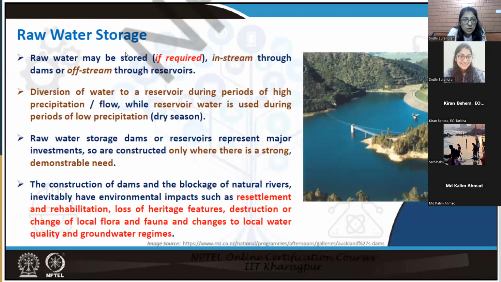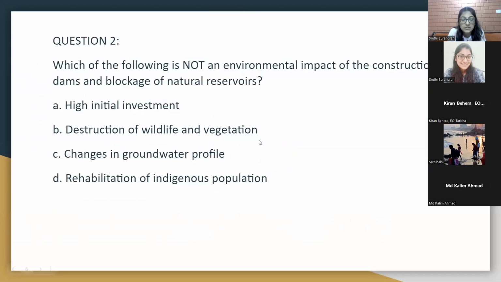Now, if you look at the raw water storage over here, there's a slide in this raw water storage that is discussing the environmental impacts. One of the environmental impacts is resettlement and rehabilitation. Now we might say it's not an environmental impact. Again, here they are mentioning the indigenous population. Indigenous population is something that belongs as a native to that environment.